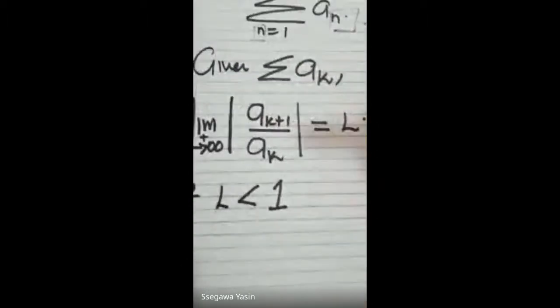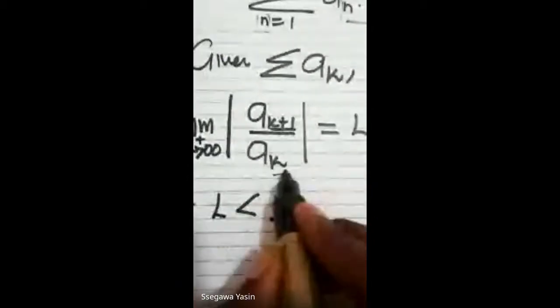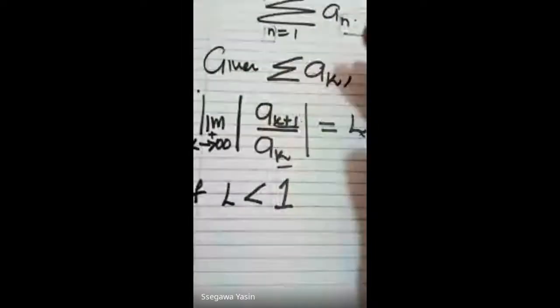When I say k plus 1, what I mean is that you substitute in k plus 1 here, and here you substitute in k. You take two consecutive terms and the absolute value, meaning this expression should be at least 0, because when you divide and take the magnitude, you have chased away the negative part. Then you take the limit.